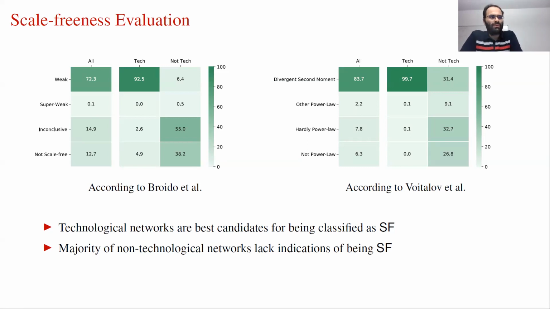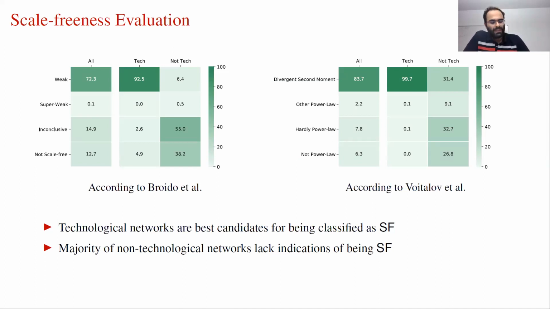seem to show indications of being scale-free. But if you remember from the data collection slide, technological networks were highly overrepresented in our collection. So 75% of the networks in our collection were technological. So it makes sense to look at technological networks in our collection and whatever remains separately.